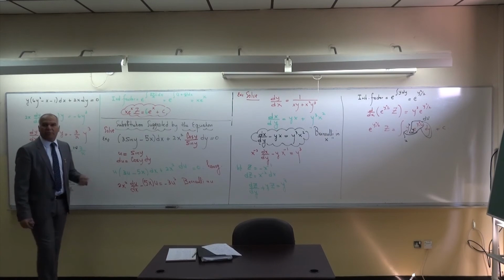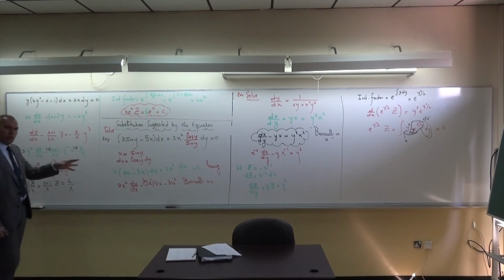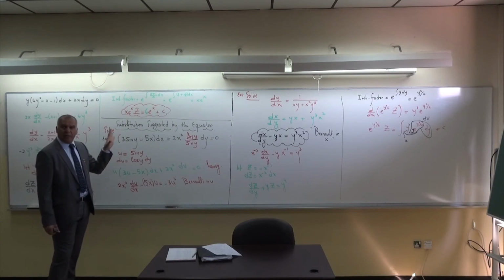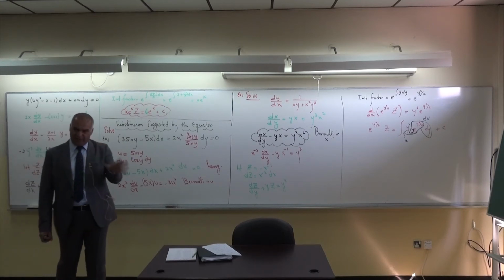Sometimes you may not have this option; it might be only Bernoulli, or only homogeneous, or direct linear, or it could be separation of variables. Again, how we choose the function depends on the equation. We never choose u to contain dx or dy, because it has to be the actual function.